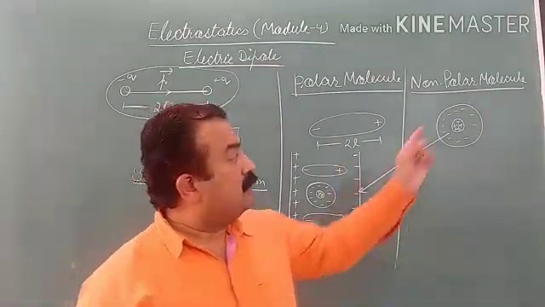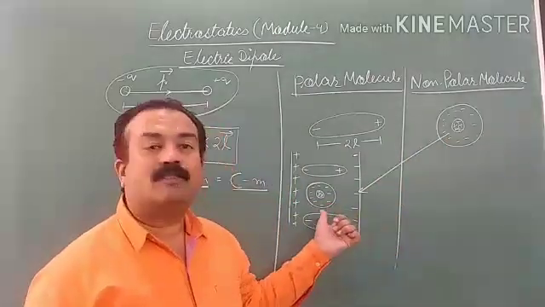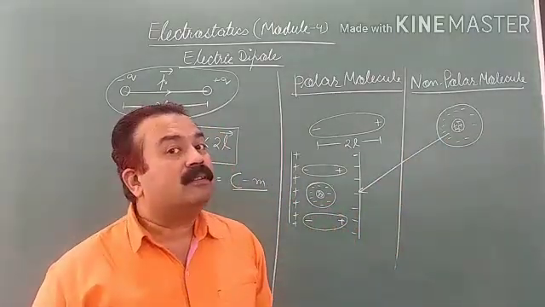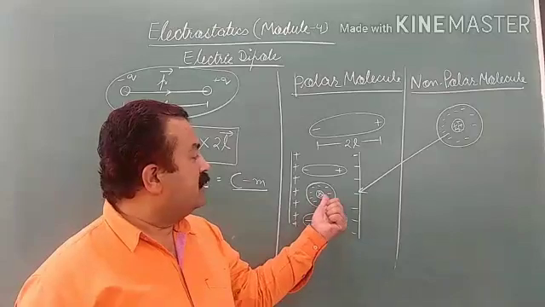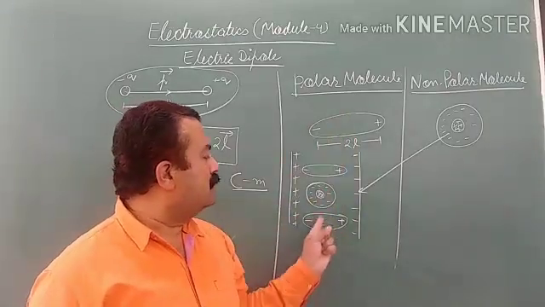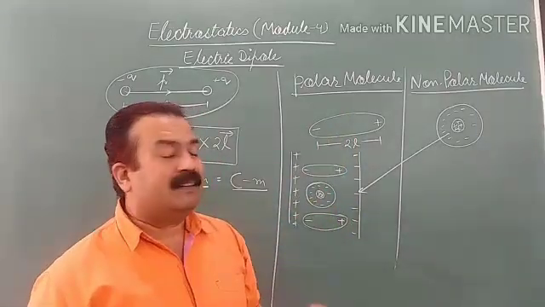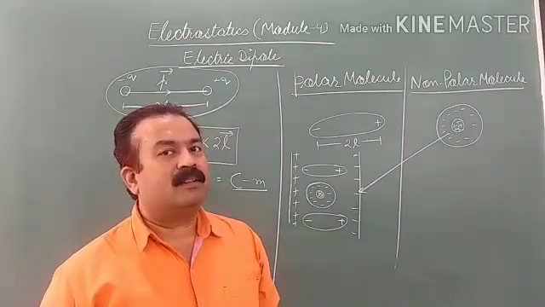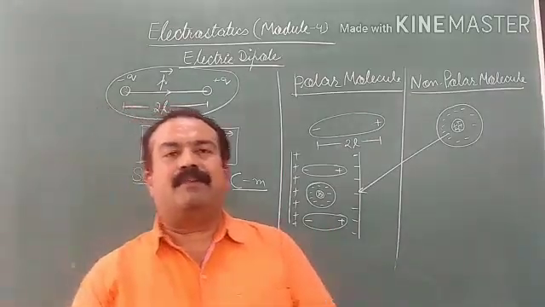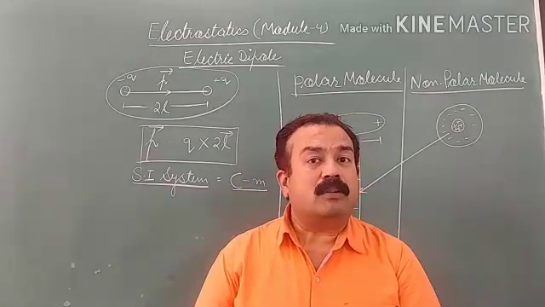But when a non-polar molecule is placed inside a strong electric field, firstly the non-polar becomes polar, the poles develop, and then alignment also takes place. This was the significance of electric dipole.